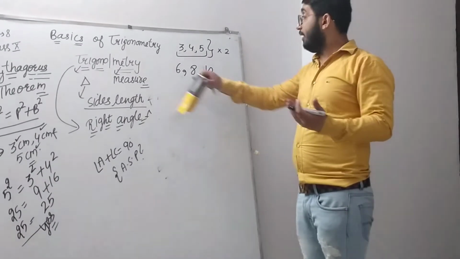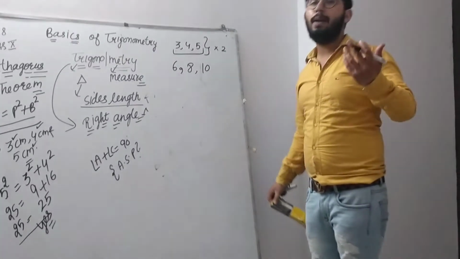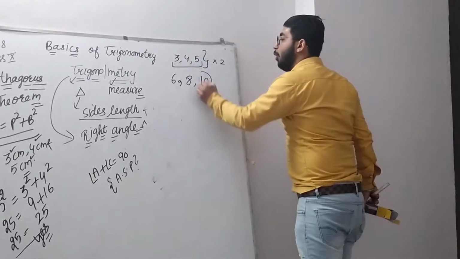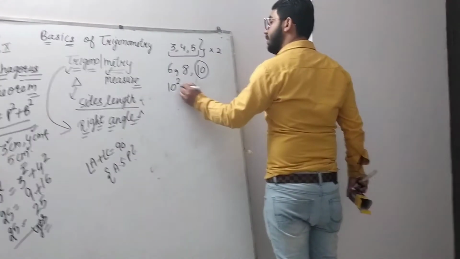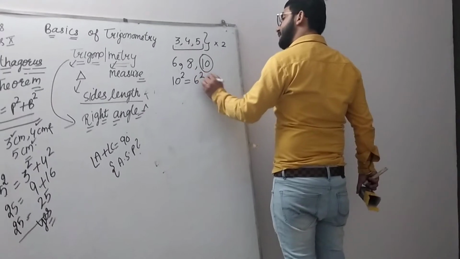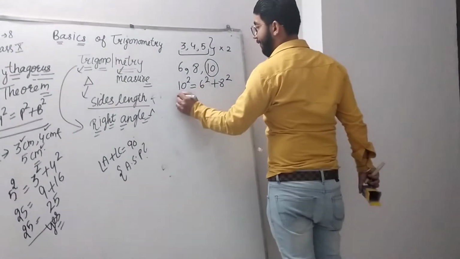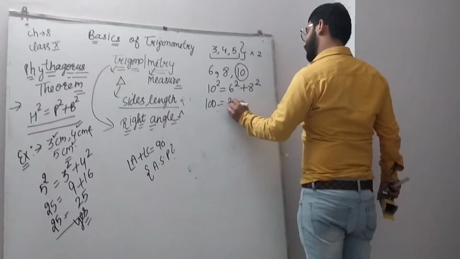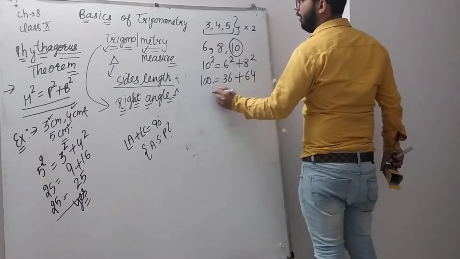Let us check whether this triplet is true or not, using what theorem? Pythagoras theorem. Now the longest side is 10. 10 square equals the sum of the squares of the remaining two sides. 10 square, 10 times 10, is 100. 6 square, 6 6s are 36. 8 square, 8 8s are 64.